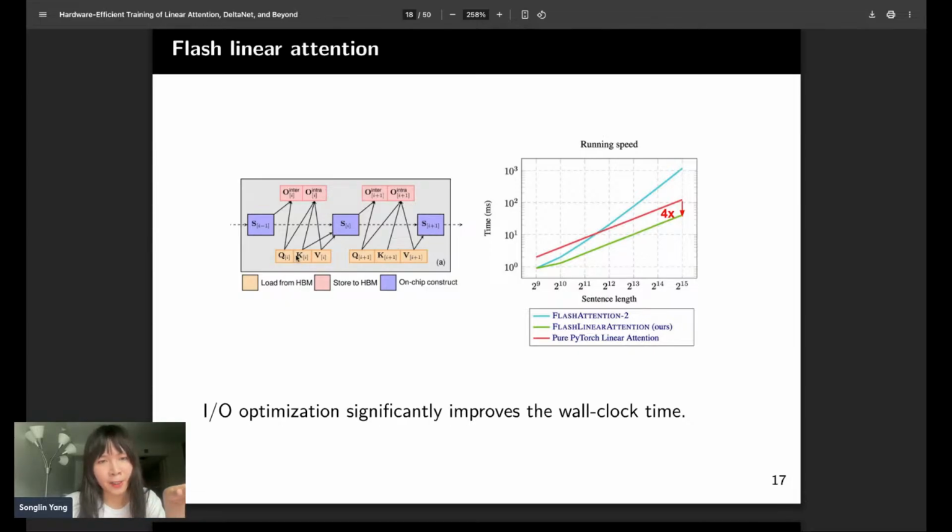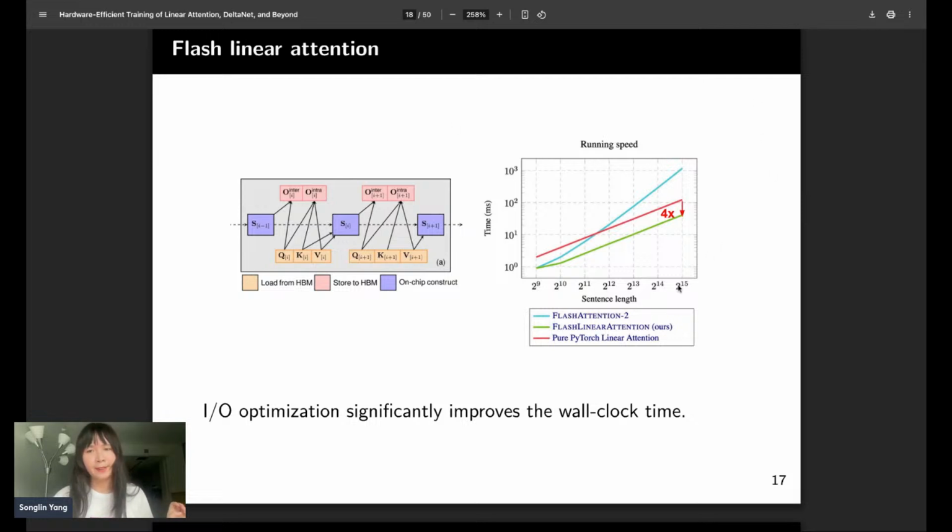The key block could be used to update the hidden state, and it could also be used to compute the output from the local context. So this is a simple kernel fusion to reduce the I/O cost.